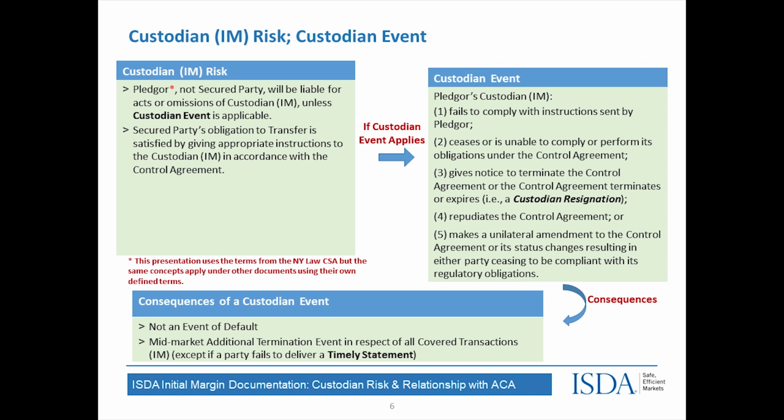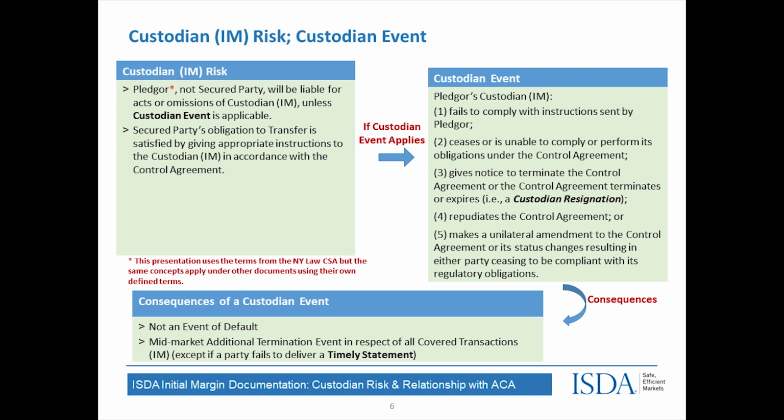So looking at the right hand of this screen, we've quickly gone through what would constitute a custodian event. As you will see, other than number 3 in that definition, all of those are some sort of default or breach by the custodian. Number 3 is actually a custodian resignation, and that's interesting because that's not a breach or a default by the custodian.